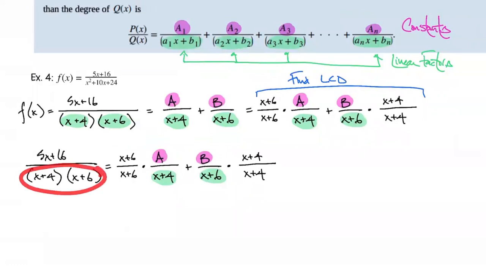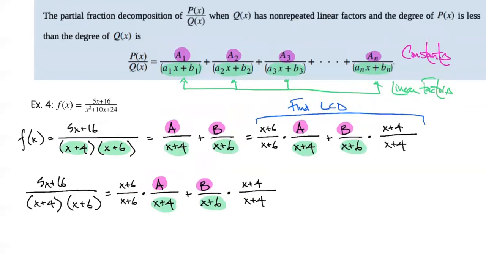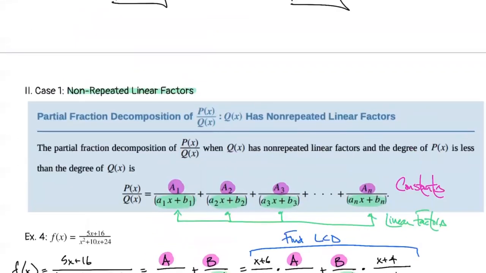This denominator is x plus 4 times x plus 6. Is this denominator the same or different? It's the same. What about this denominator? The same. Okay, so let me ask you guys a question.